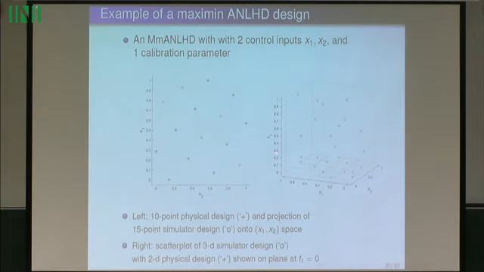So 10 of the simulator runs actually match up exactly with the physical. That's the other extreme. So I don't know is the answer, but yes, I think it's probably a good idea. The downside, I suppose, is that there's more empty space.